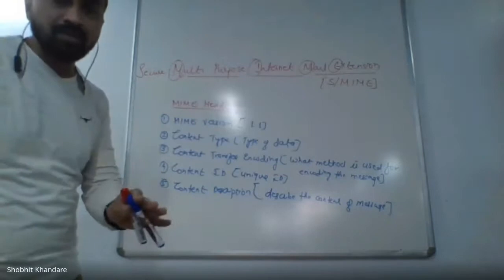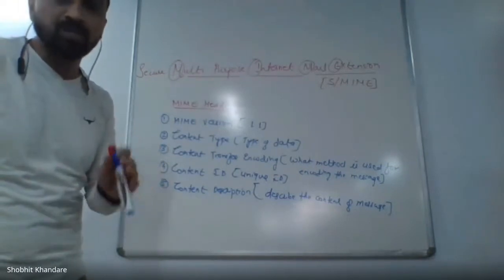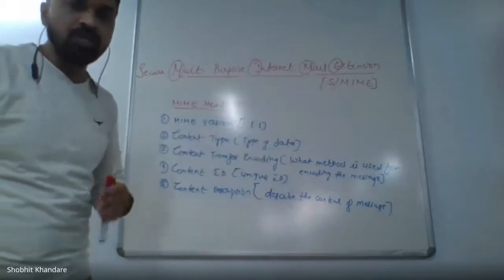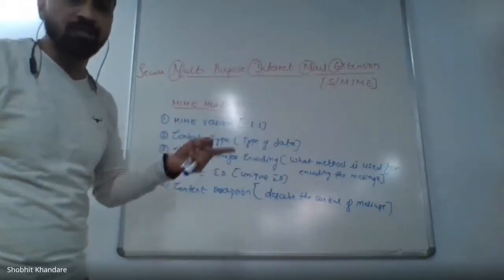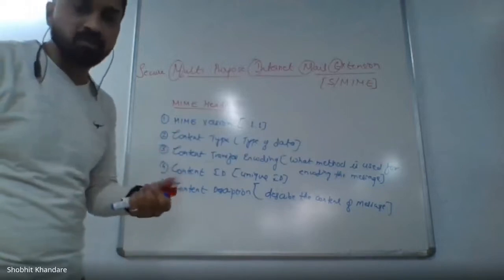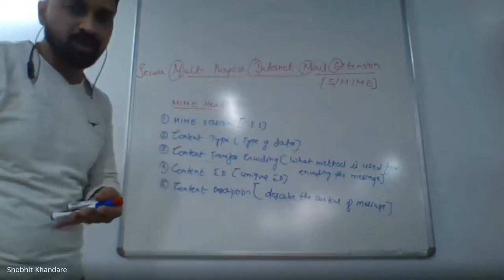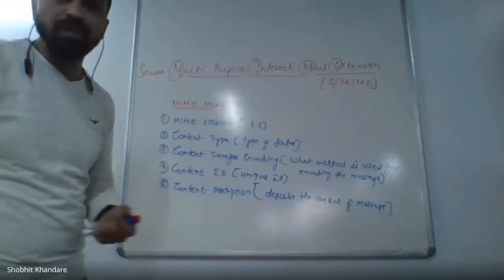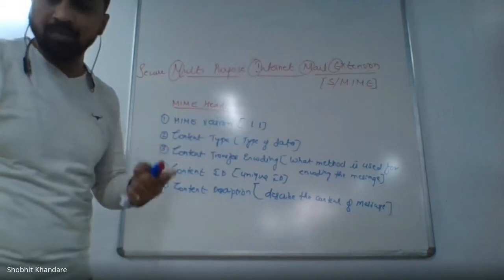Whatever I am asking you to write down are the points which provide more security to MIME, for example by using public key cryptography. We have already studied private key, public key, secret key, to provide the security.